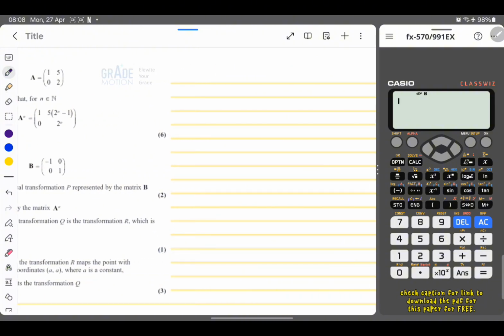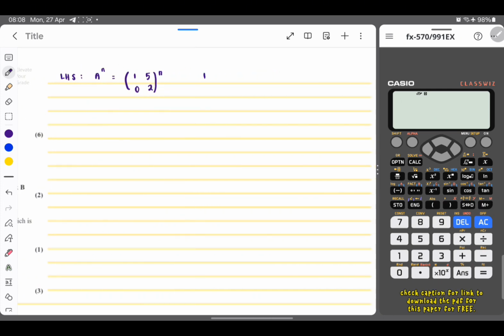We will begin by considering our original matrix. So left hand side is A to the power of n is equal to the original matrix [1, 0, 5, 2] to the power of n. But what we would like to prove is our right hand side, where we will substitute the value of n.